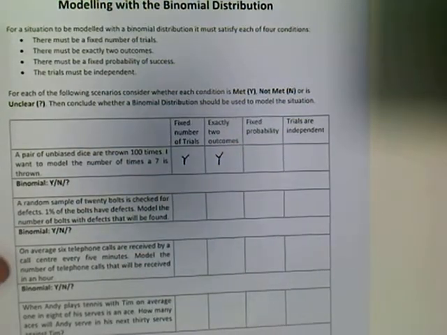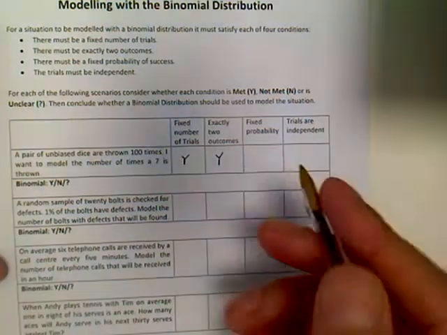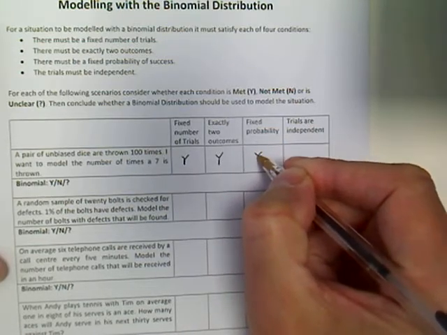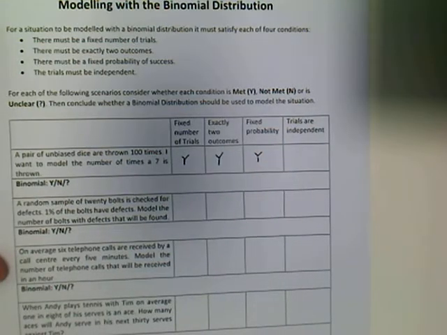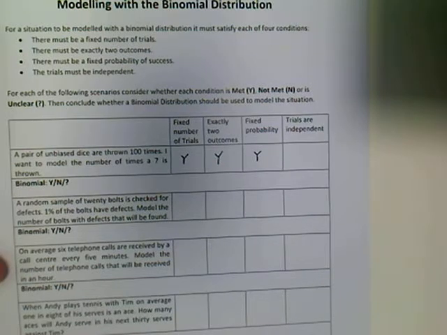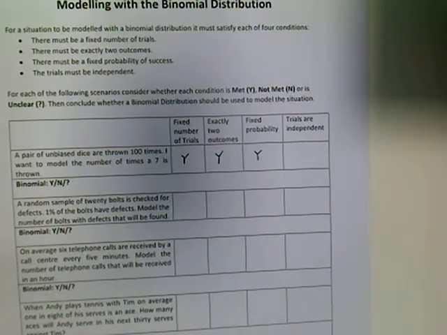Okay, fixed probability. Each time I throw these dice, the probability of getting a 7 is the same each time. And I think it works out as 1 out of 6, doesn't it? The probability of getting a 7 from two dice. So that is set, and that again is true. Okay, the trials are independent. What this means is that what happens on one trial does not affect the probability on the next trial.